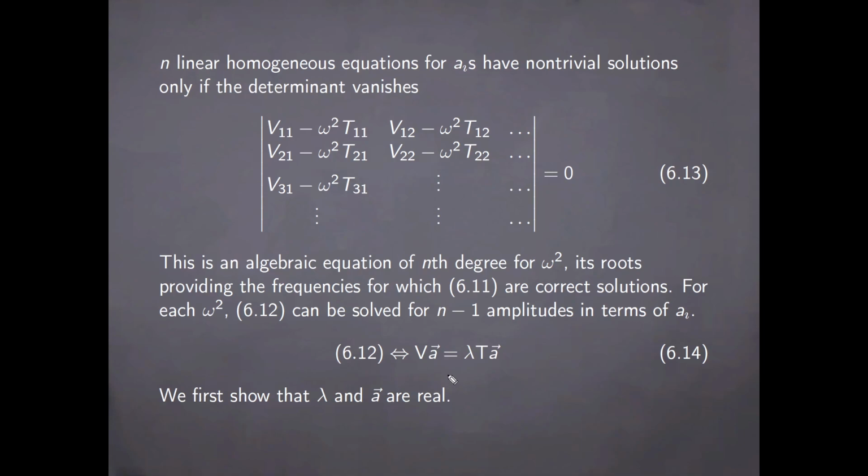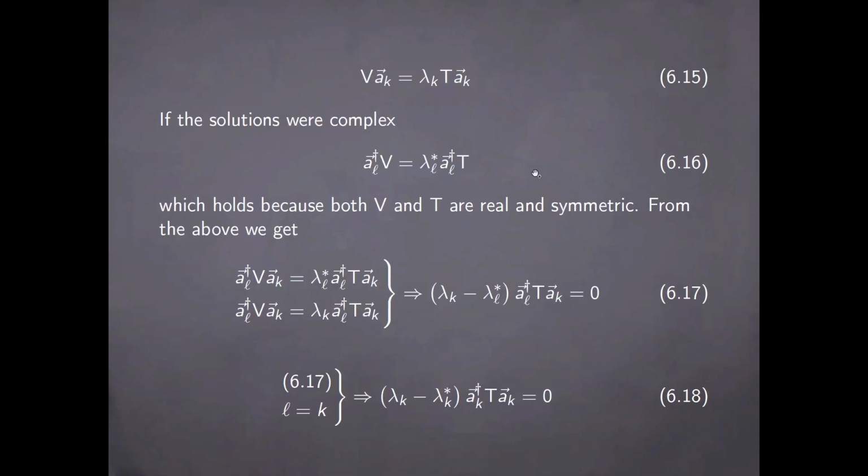And before studying this eigenvalue problem in more detail, we will first show that both the eigenvalues and their corresponding eigenvectors are all real. To see the proof of reality, we can write the eigenvalue equation for a specific eigenvector k and its corresponding eigenvalue.